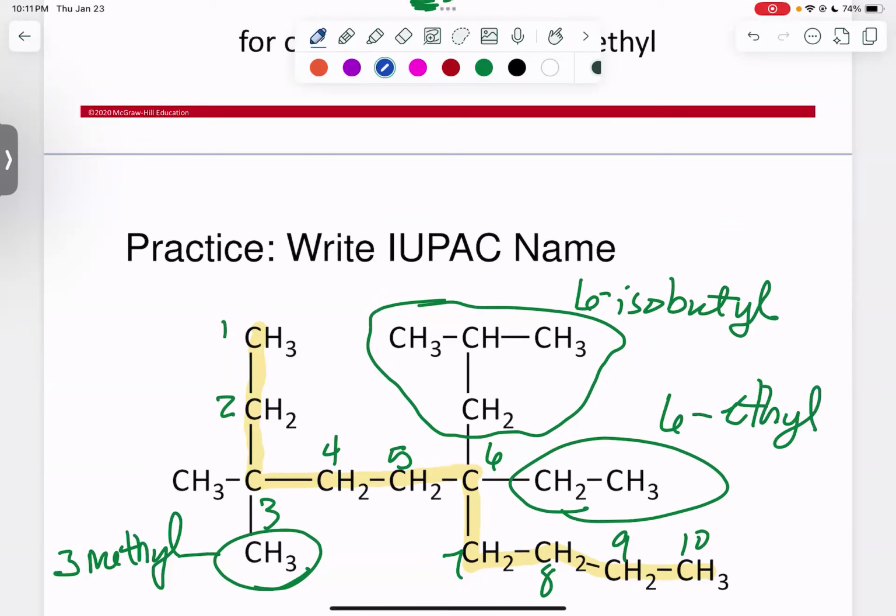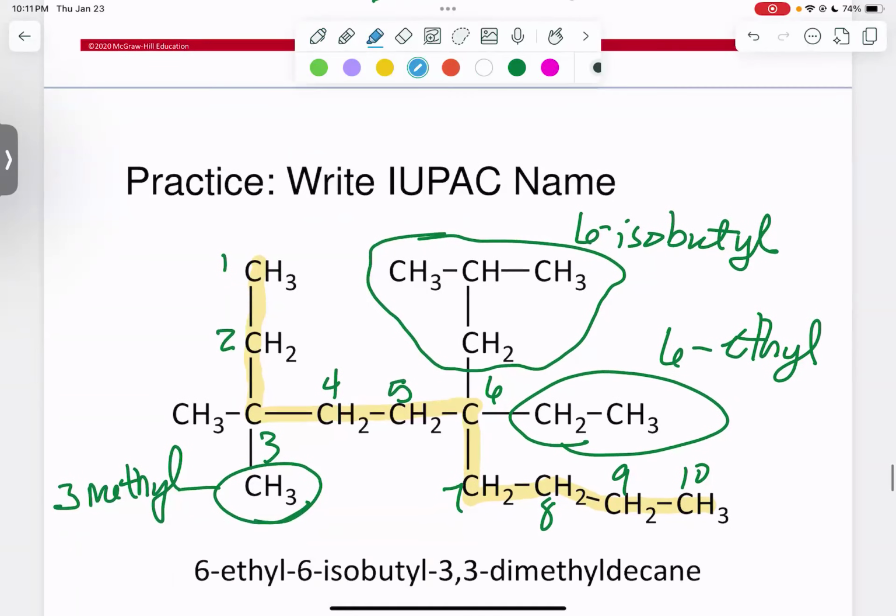So then when I'm trying to alphabetize, I want to be looking at my M, my E, and my B. So what comes first? They didn't do it right.